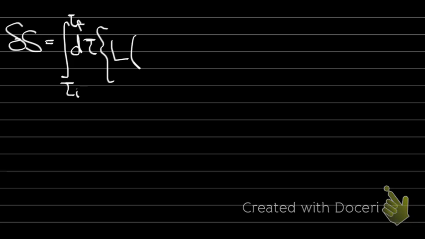So the Lagrangian would be a function of x^mu plus some delta x^mu, like its original path plus some deviation, and likewise for the velocity: its initial velocity plus the velocity with which it deviates from its path.